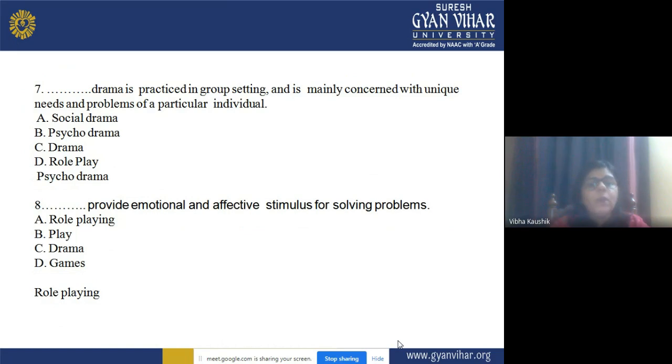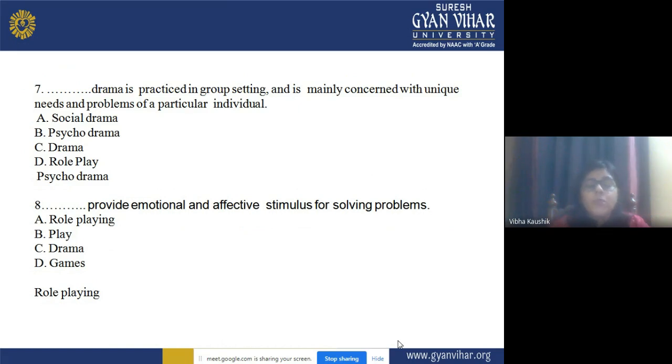Now the seventh one: dash drama is practiced in group settings and is mainly concerned with specific needs and problems of a particular individual. Now the options are A. Social drama, B. Psychodrama, C. Drama, or D. Role play.